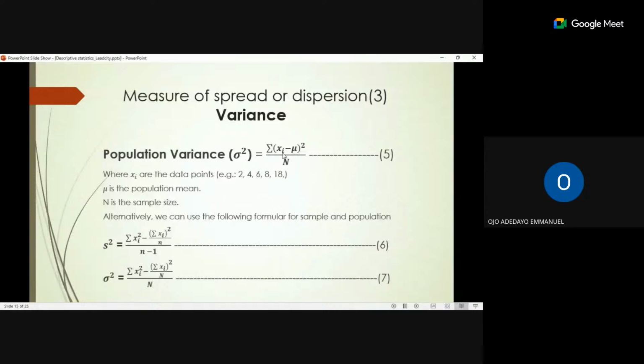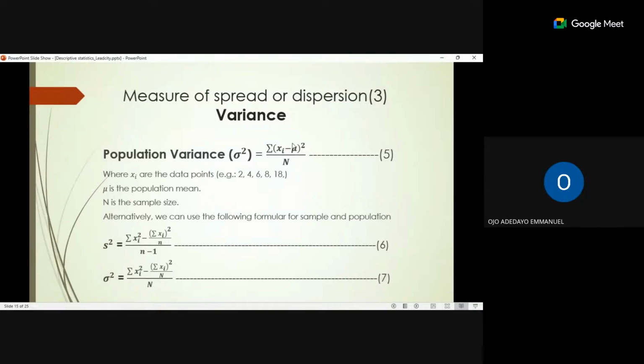That will give you xi minus mu squared for the first one. The second one, when you do 4 minus 7.6, you will square that value, and the same for the third one, the fourth one, up to 18. That column is called xi minus mu all squared.